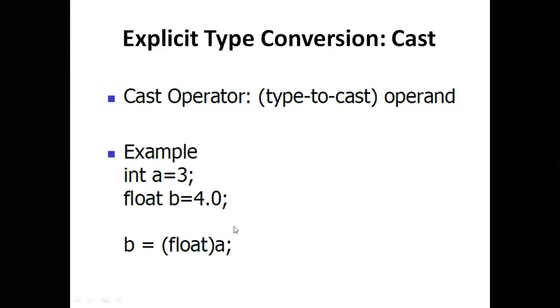That's why we apply explicit type conversion, and we mention the targeted type. I want to convert it into float.